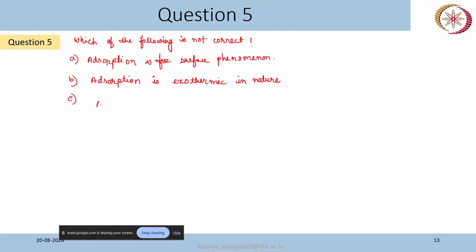Third statement is about absorption: absorption is exothermic in nature. D is absorption is a bulk phenomenon.